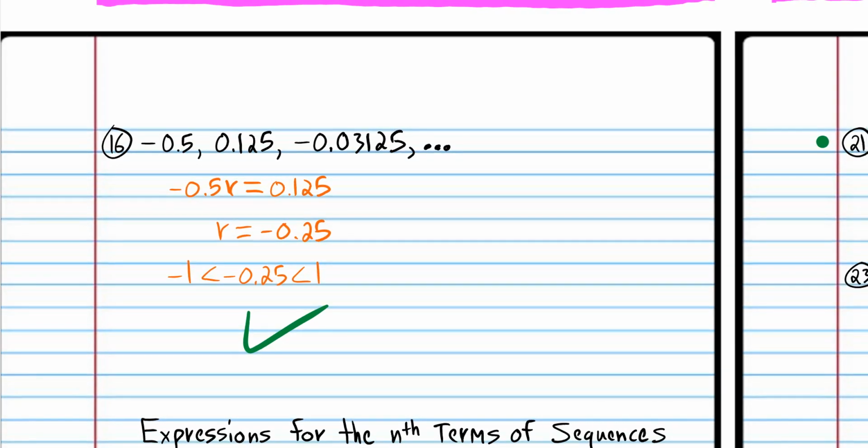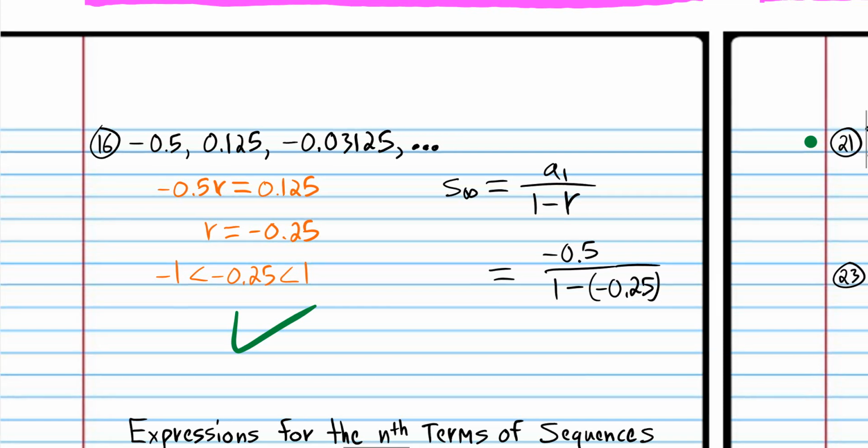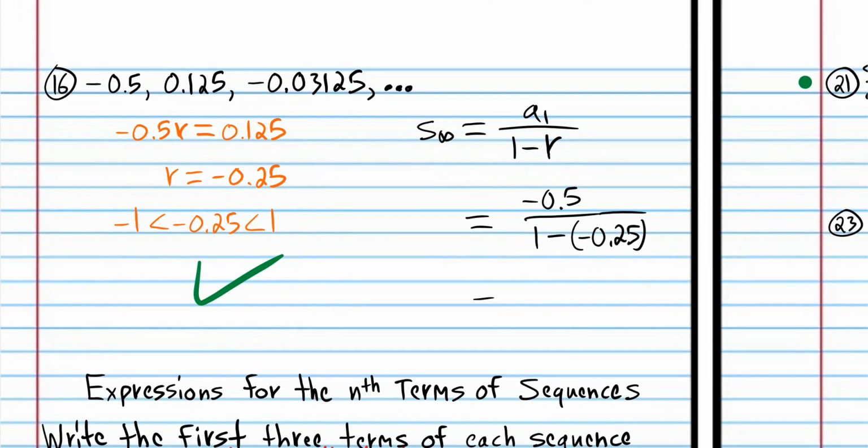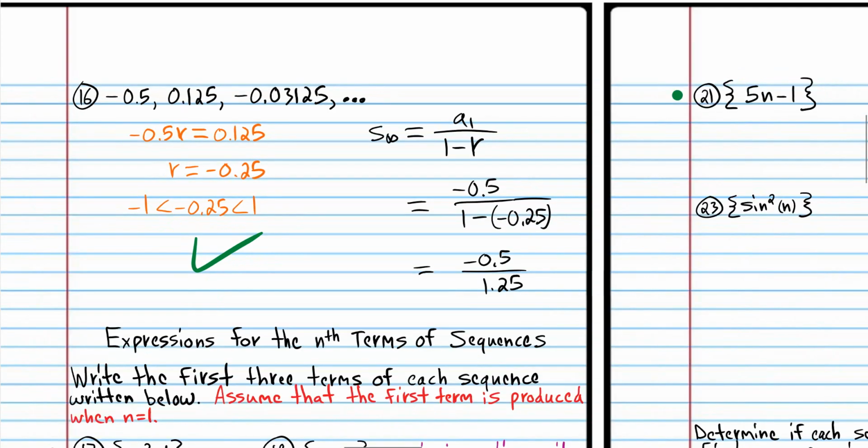and I'm going to go up here. The infinite sum is equal to the first term divided by 1 minus the common ratio. The first term is -0.5. The common ratio is -0.25. So we have -0.5 over 1.25.